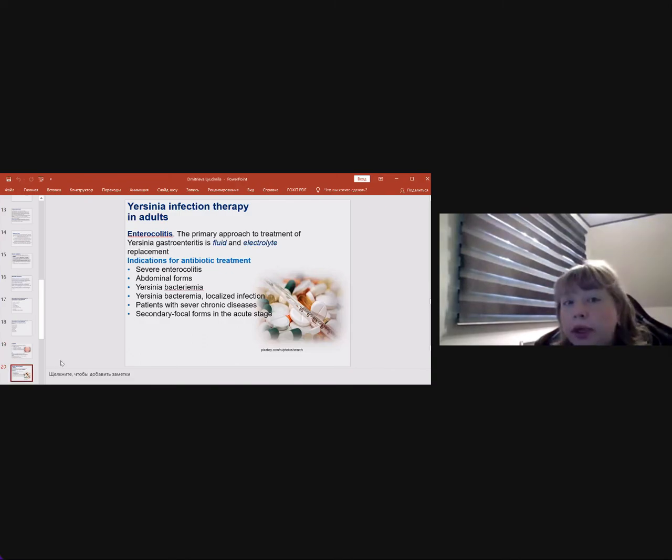Yersinia infection therapy in adults. Enterocolitis. The primary approach to treatment of Yersinia gastroenteritis is fluid and electrolyte replacement. If the patient has enterocolitis, indications for antibiotic treatment: severe enterocolitis, abdominal forms of yersiniosis, Yersinia bacteremia, generalized form of yersiniosis, Yersinia bacteremia with localized infection.